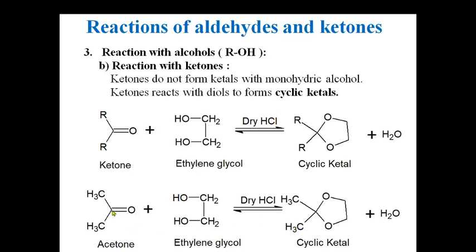So we can protect the carbonyl group by reacting with ethylene glycol to form a cyclic ketal, and this cyclic ketal can be hydrolyzed back to acetone after completion of our reaction, and therefore we can use this reaction as a protection-deprotection strategy.